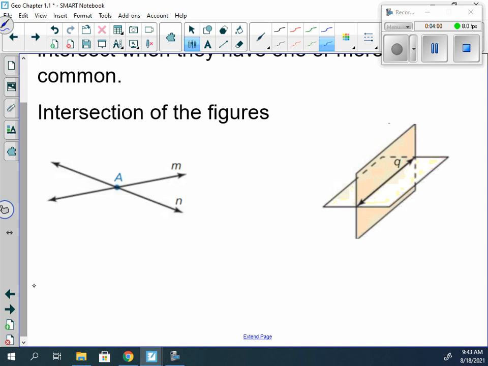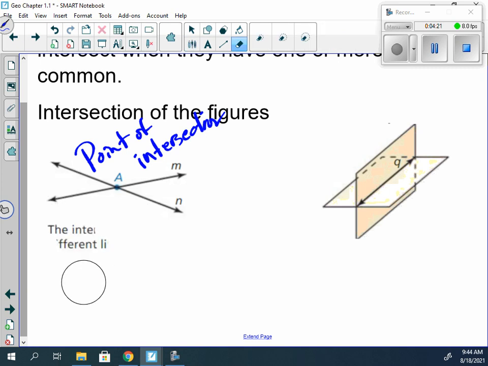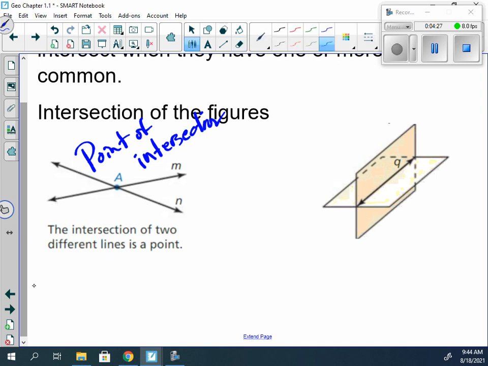A. What is A? A of? Yeah. This here is a point of intersection. It's the point of intersection. The intersection of two lines is a point.